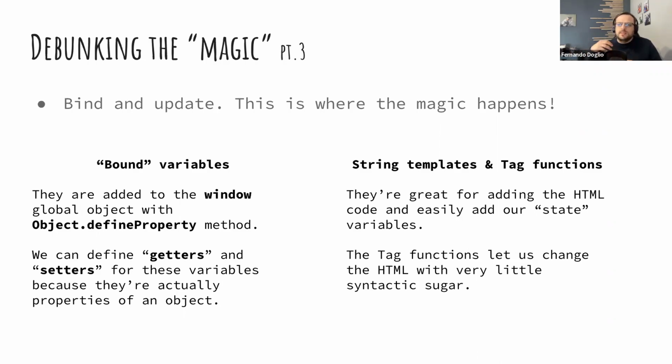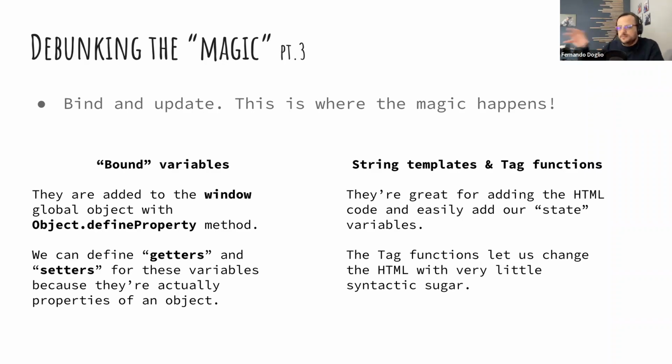And I haven't shown you yet a target for that value, because we were interpolating our state variables inside the HTML, which is a string, so there is no way for us to know how that translates into the UI and what happens to that variable, which gets turned into a string. I mean, we lose the reference there.